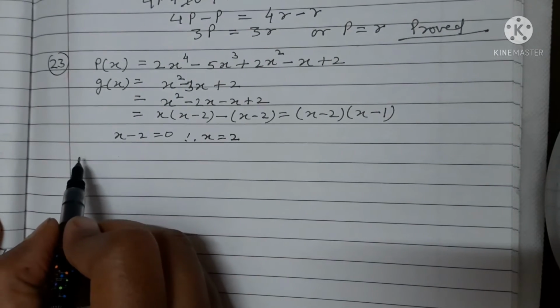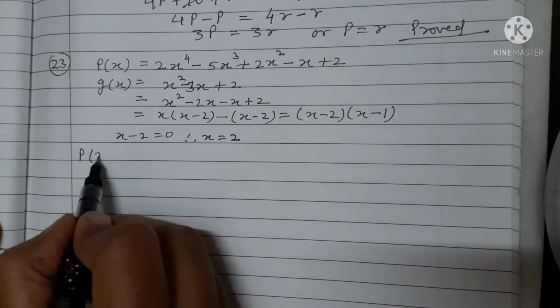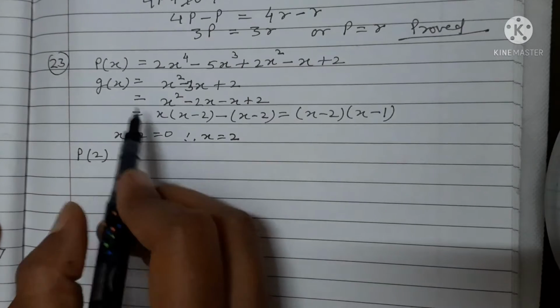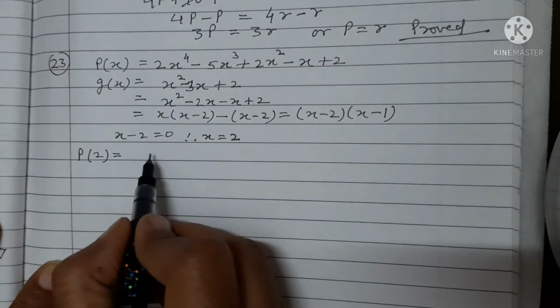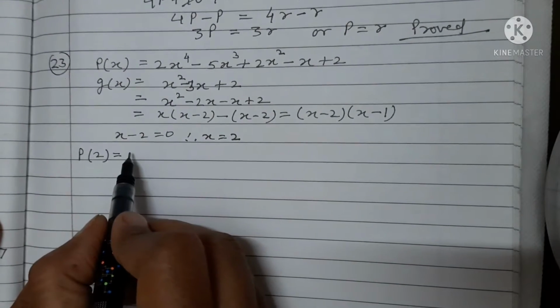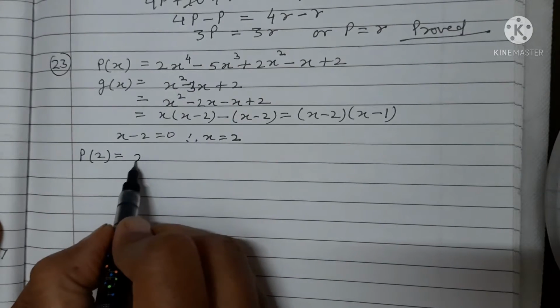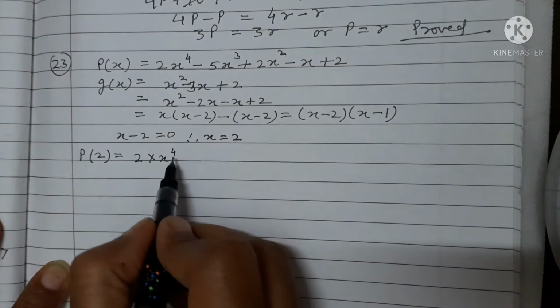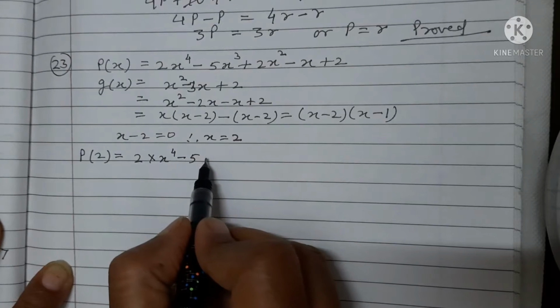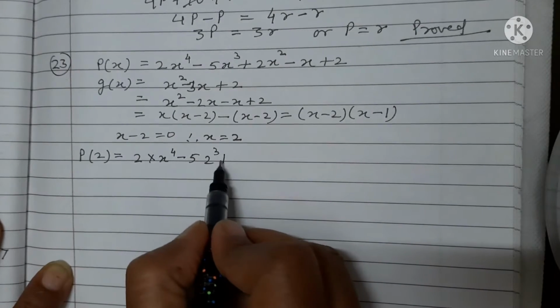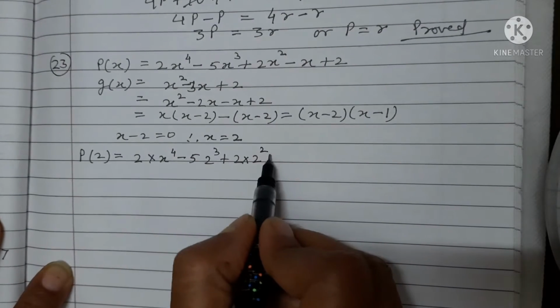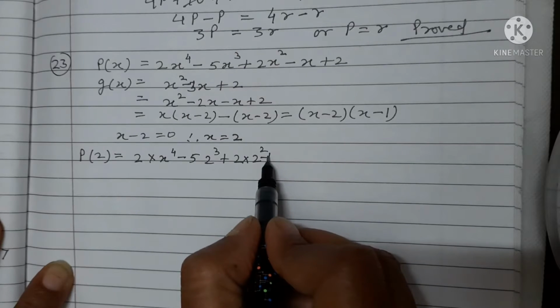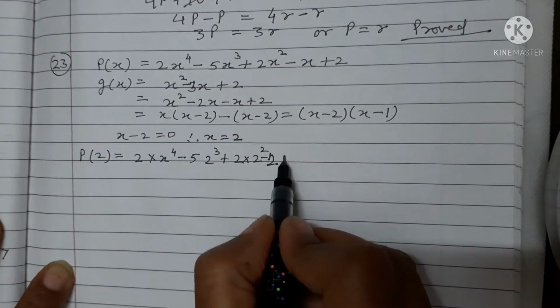So write here p(2) is equal to 2 into 2 to the power of 4 minus 5 into 2 cube plus 2 into 2 square minus 2 plus 2.